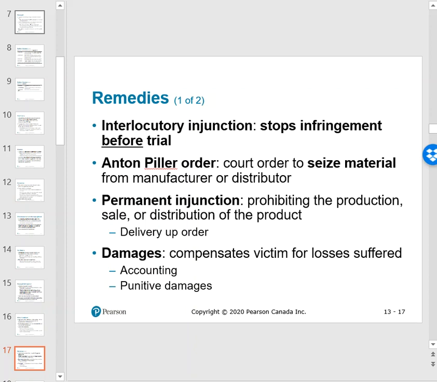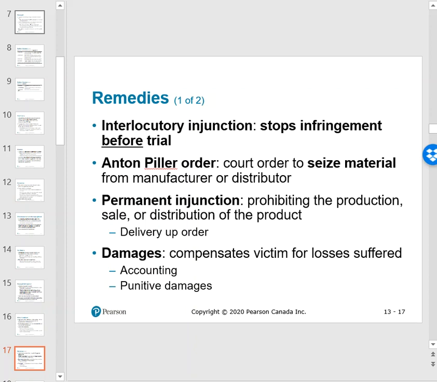And why would a judge grant an order that comes before trial? A judge would do this because the evidence is very, very clear that an infringement is taking place. And if the copyright holder waits for the trial, it may be too long to protect their rights.